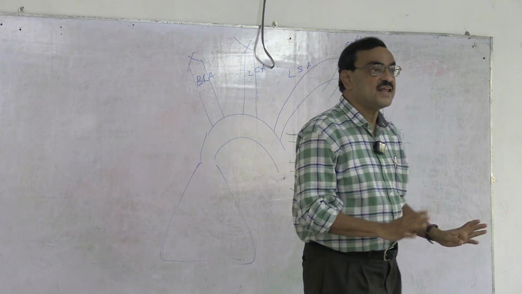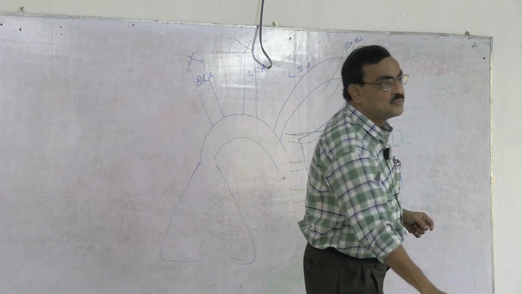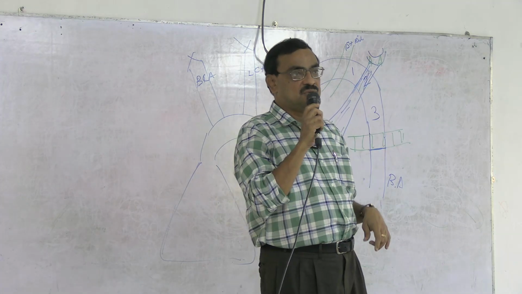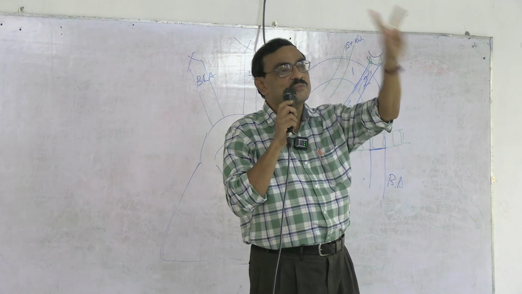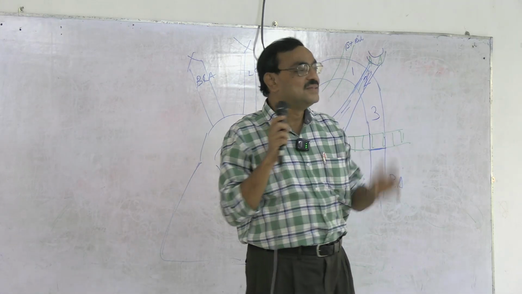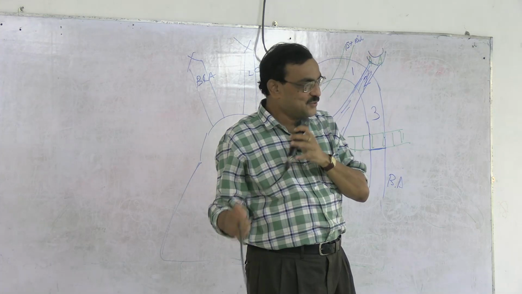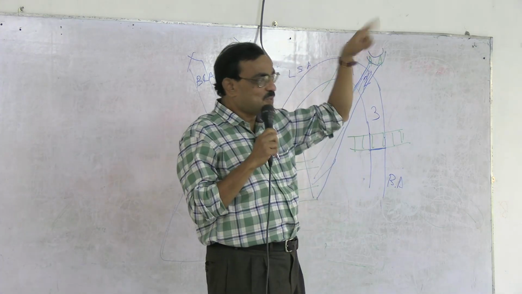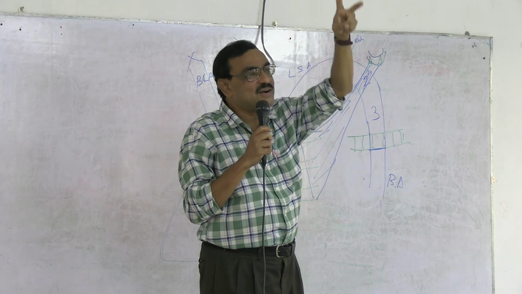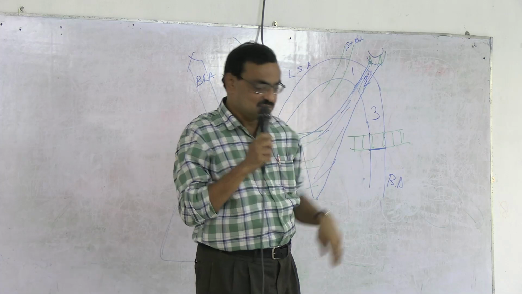This axillary artery is important because from the first part we will get one branch, from the second part two branches, and from the third part three branches.